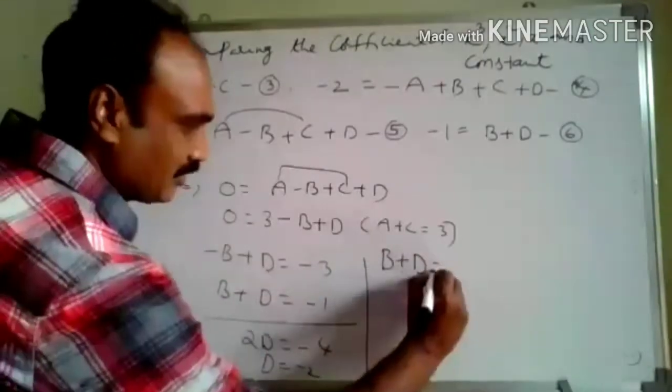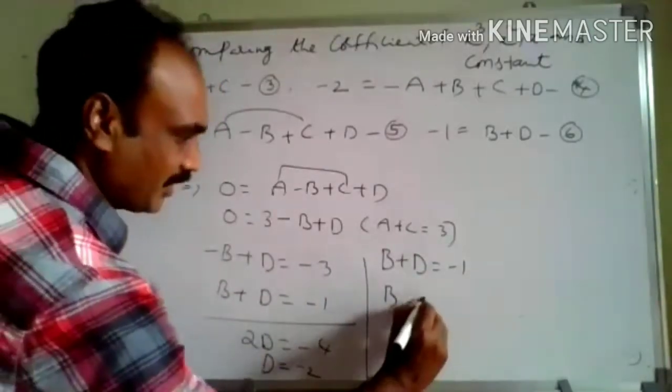B plus D is equal to minus 1, and D is equal to minus 2.